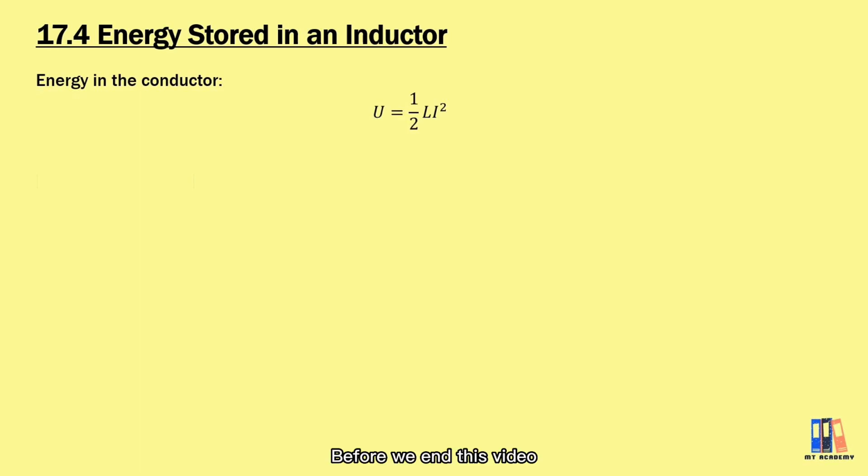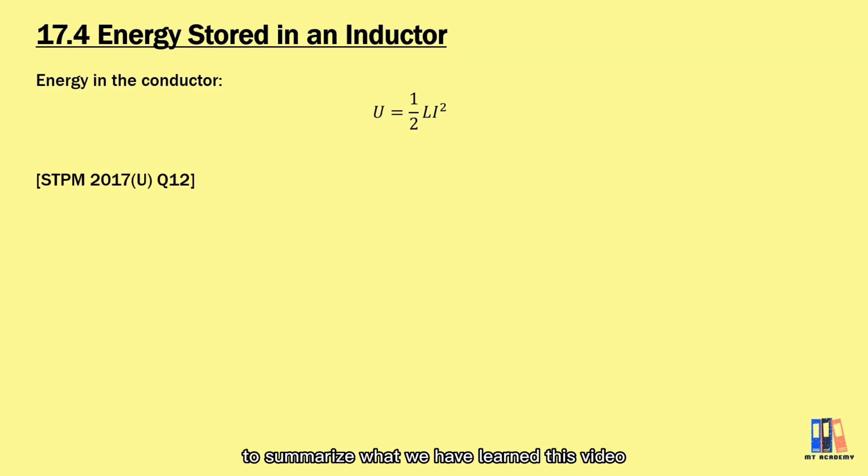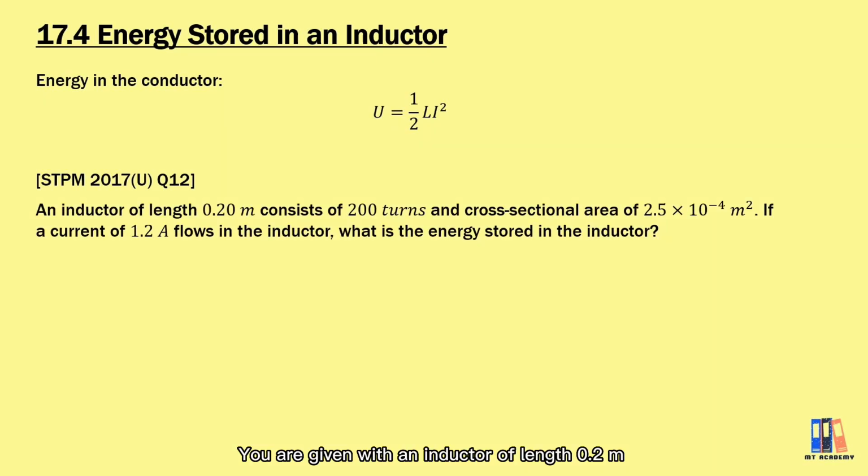Before we end this video, let us try one past year question to summarize what we have learned in this video. You are given an inductor of length 0.2 meter, 200 turns, cross-sectional area of 2.5 multiplied by 10 to the power negative 4 meters squared. When there's a current of 1.2 ampere flowing in the inductor, what will be the energy stored in the inductor?